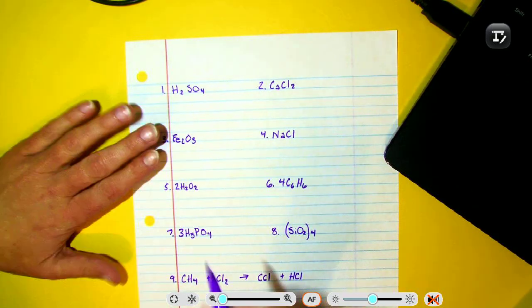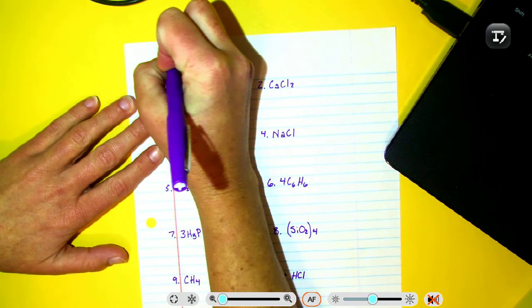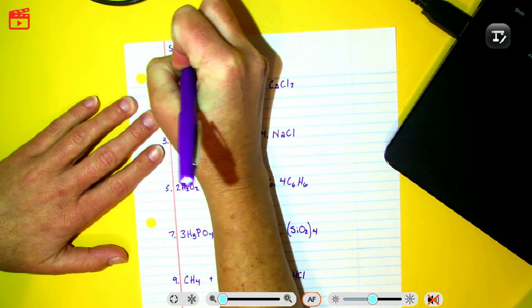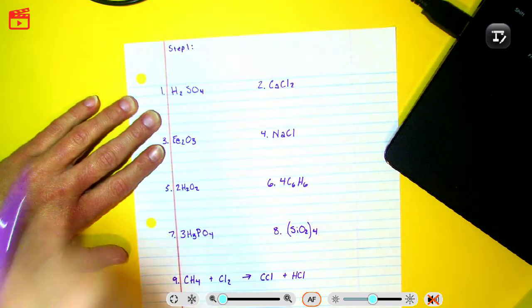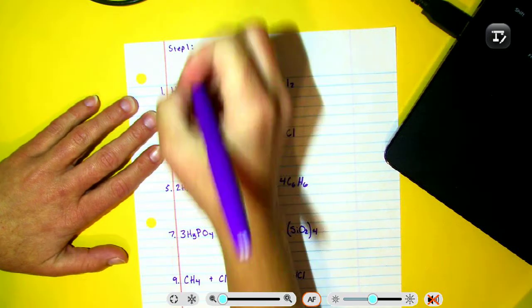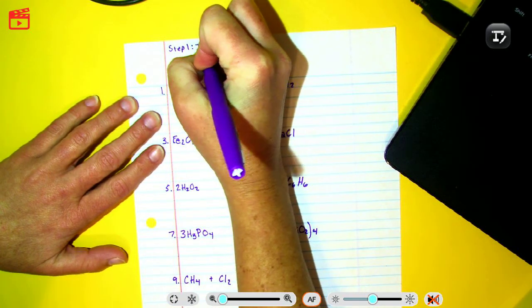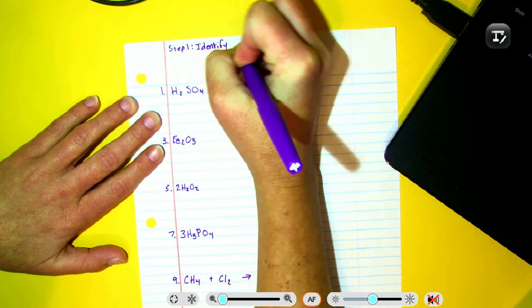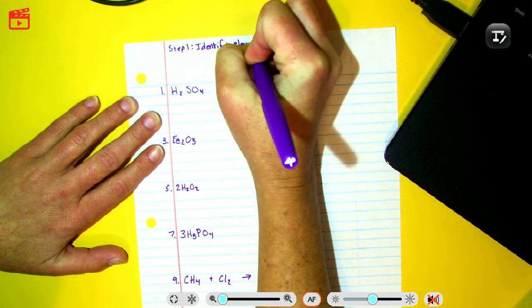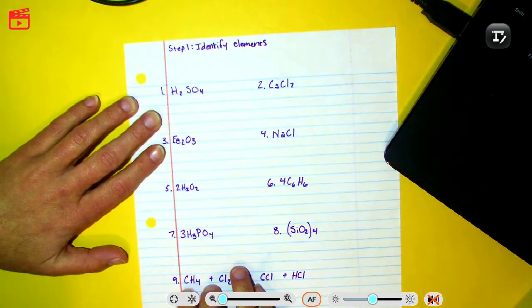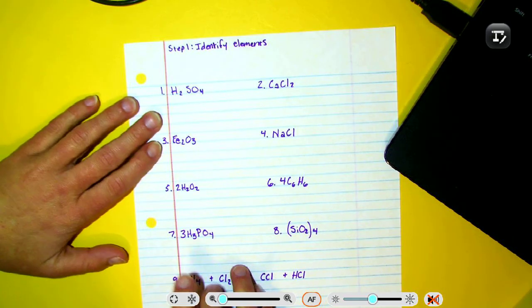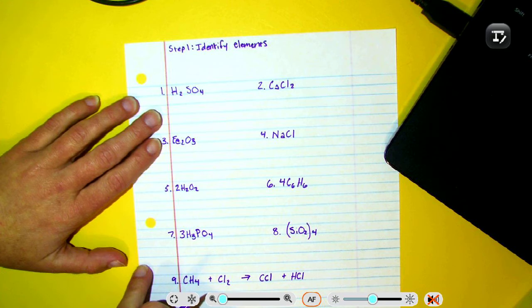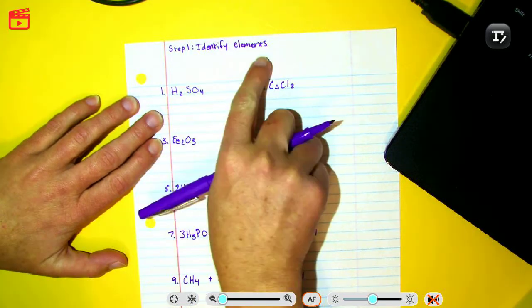So up here at the top, I want everybody to write step 1. Step 1, when we are counting atoms, we need to identify the elements. So what are our elements and how do we identify them?